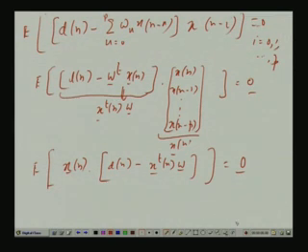This is a zero vector of length p plus 1, where all the elements are 0. Now, if you carry out the product, the first term is xn vector times dn. dn is a scalar, the desired response: dn into xn, dn into xn minus 1, dn into xn minus 2, up to dn into xn minus p.